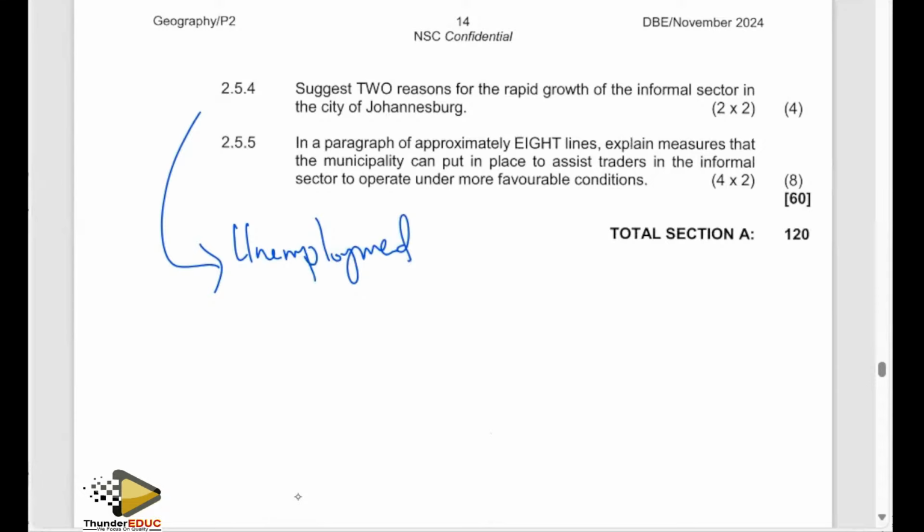Because of high unemployment in the formal sector, people are opting to engage themselves in the informal sector. The formal sector is failing to absorb all the people, hence people are finding their way to survive from the informal sector. Then you can also talk of the slow economic growth.